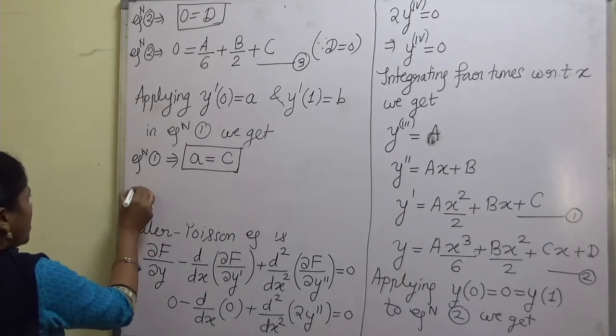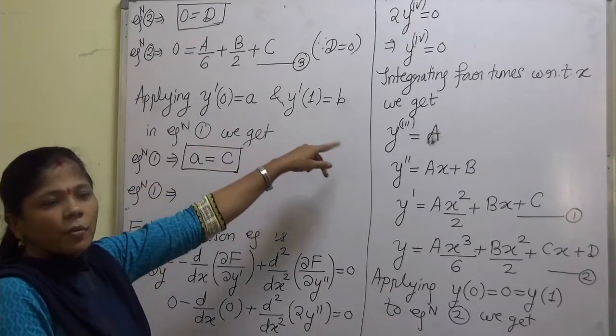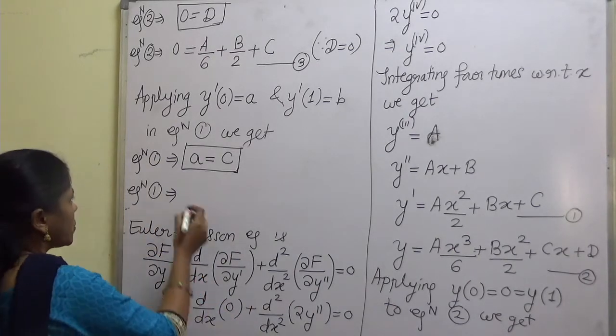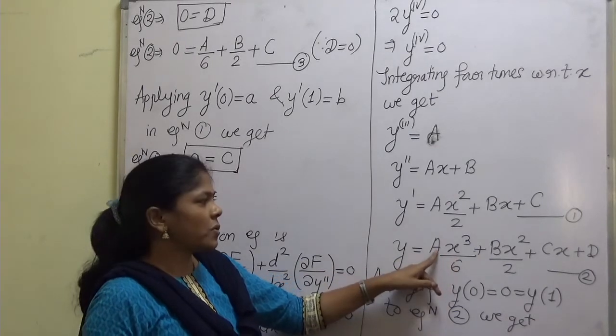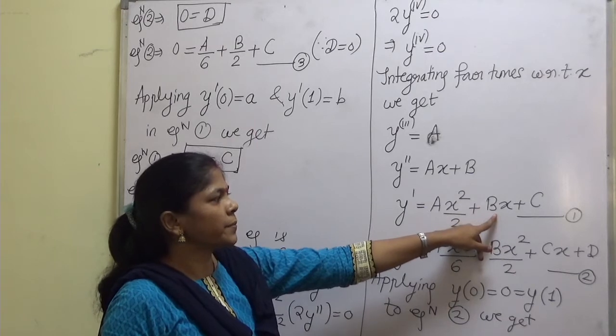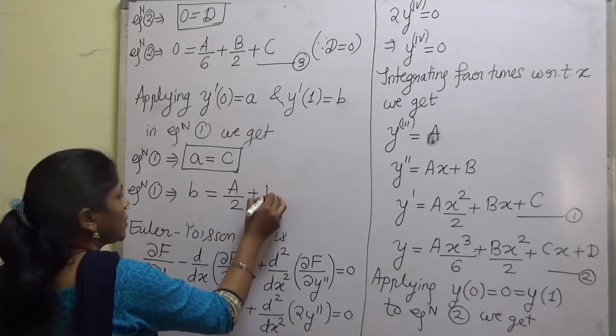Now similarly, when I use the condition y dash of 1 equal to b, means x is 1, at that time y dash is b. Okay, so what it will be, b is equal to, x is 1, so a by 2 plus b plus c.